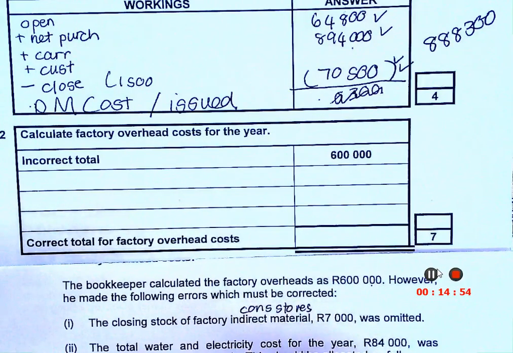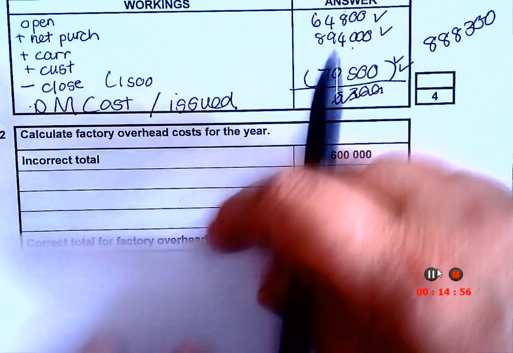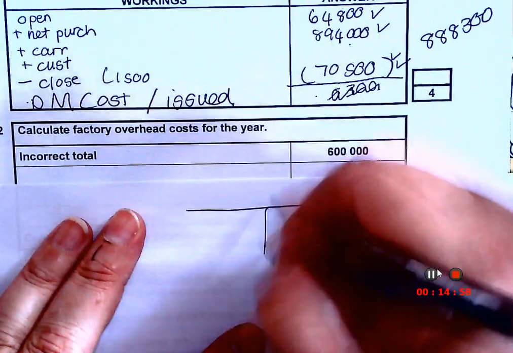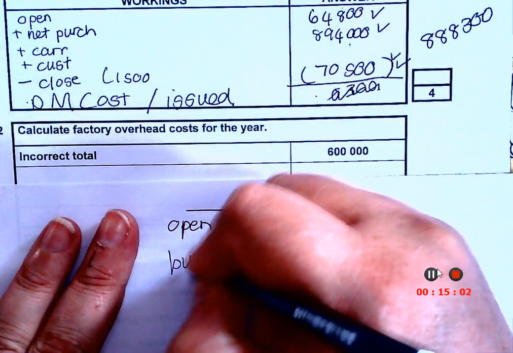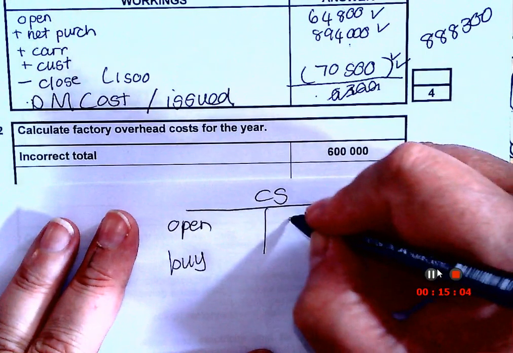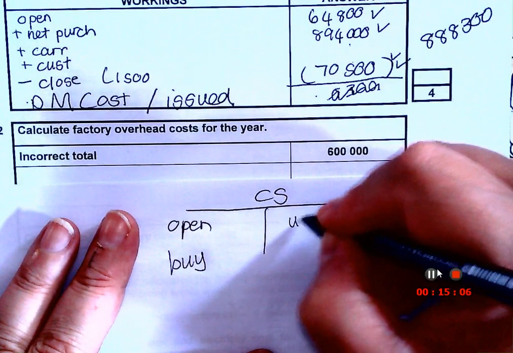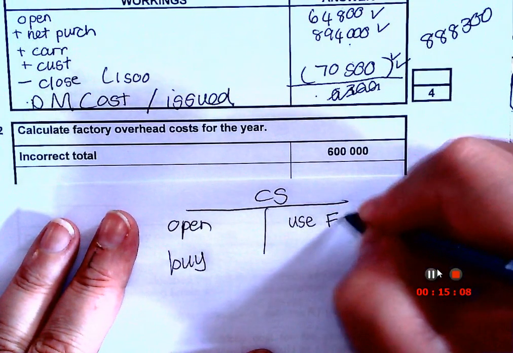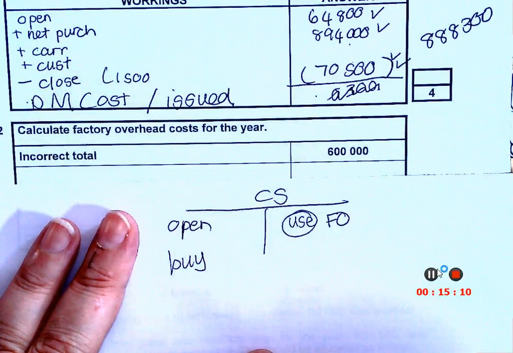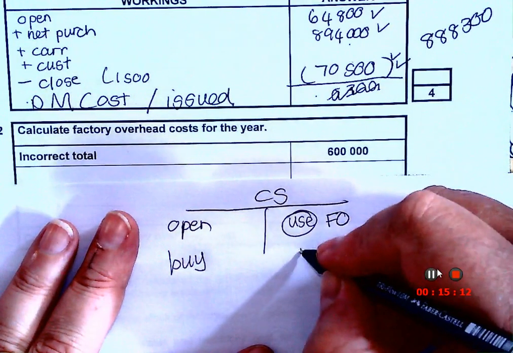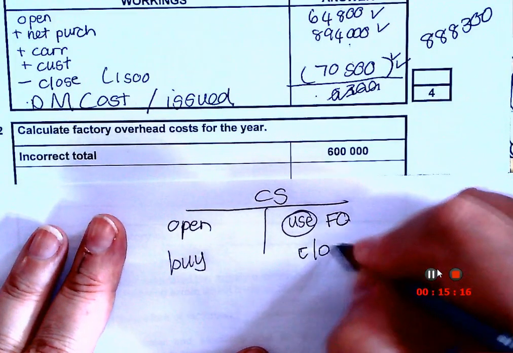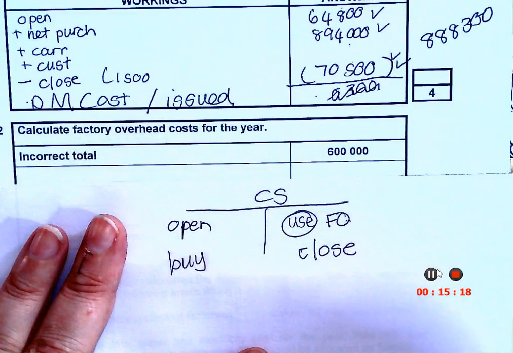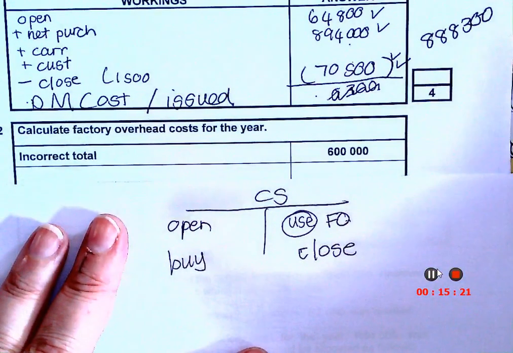If I look at my indirect material, my consumable stores, I have an opening balance, I buy, I use, which I take to the factory overheads, and then I have a profit and loss, and then I have a closing stock. In other words, the stock that I didn't use.